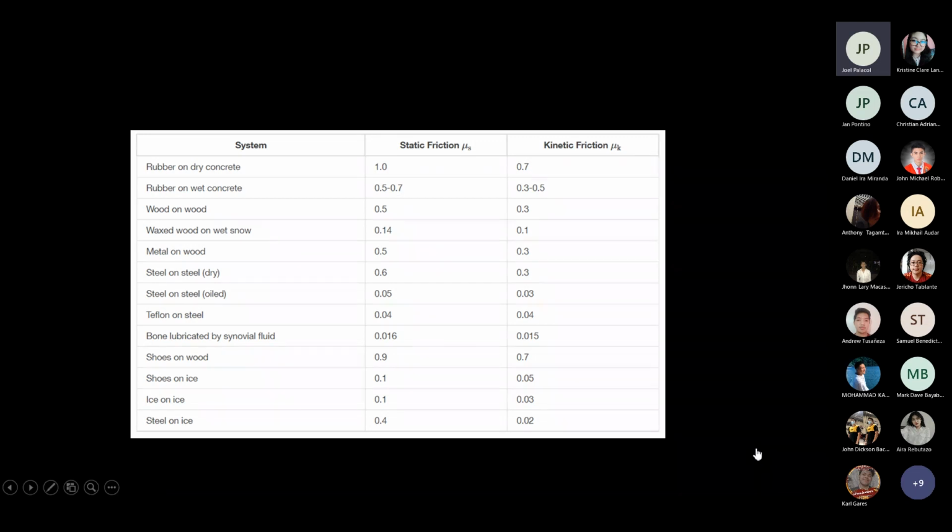Shoes on ice, the coefficient of static friction is 0.1 and the coefficient of kinetic friction is 0.05. And for ice on ice, the static frictional coefficient is 0.1 and for kinetic friction, it is 0.03.